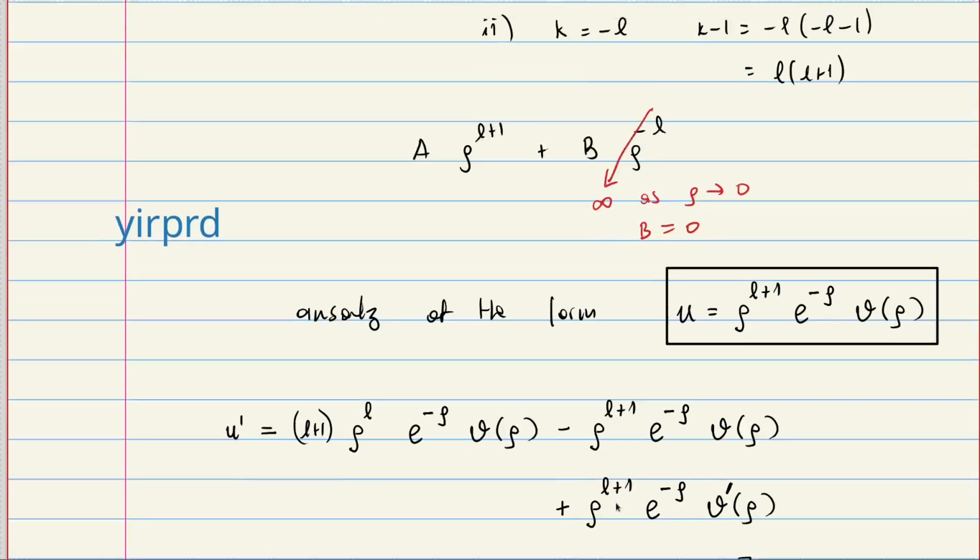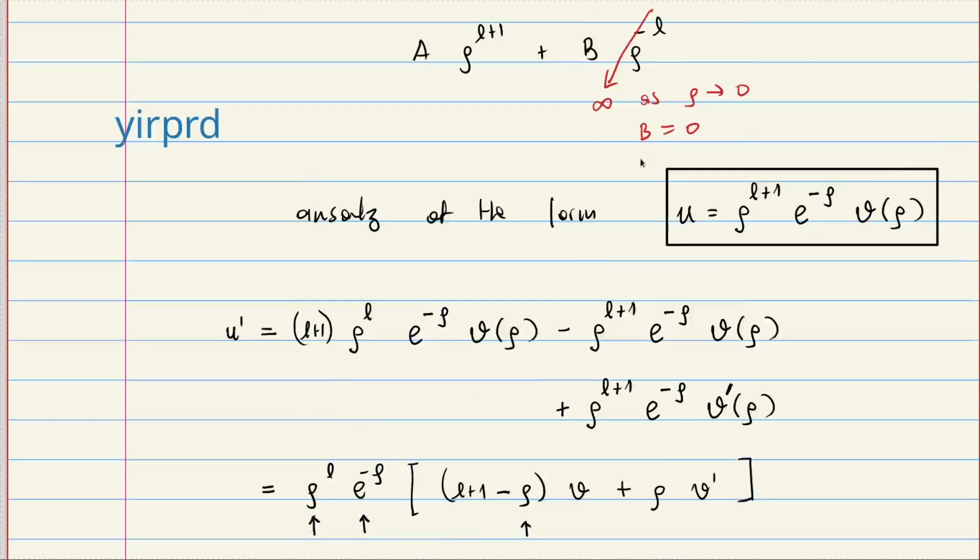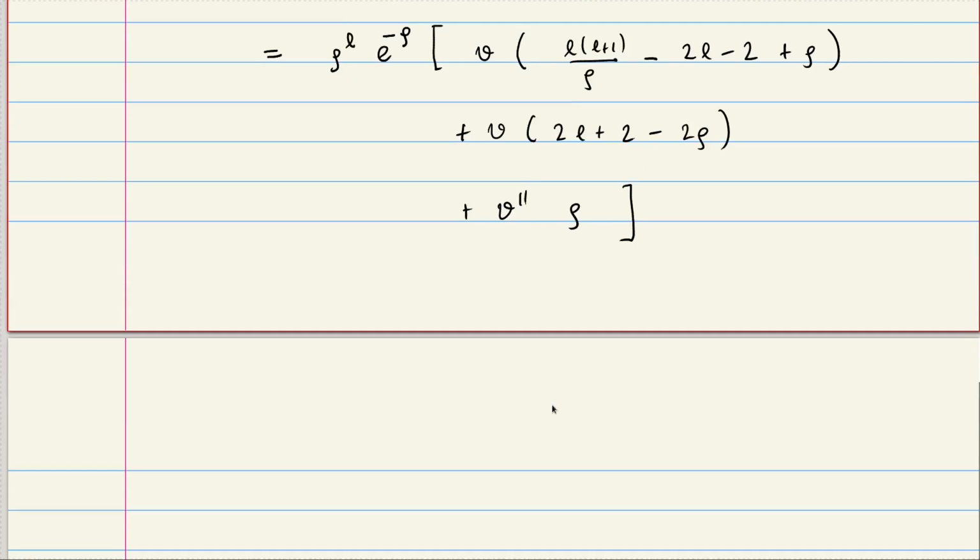And u double prime is equal to, let's go back to the equation, this thing. So u double prime is equal to, so this is the right hand side, and u is equal to, what did we say, rho to the L, e to the minus rho times v.